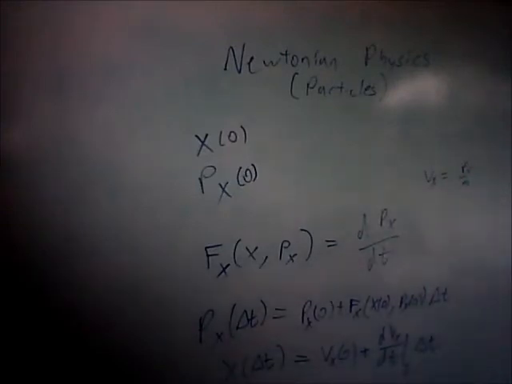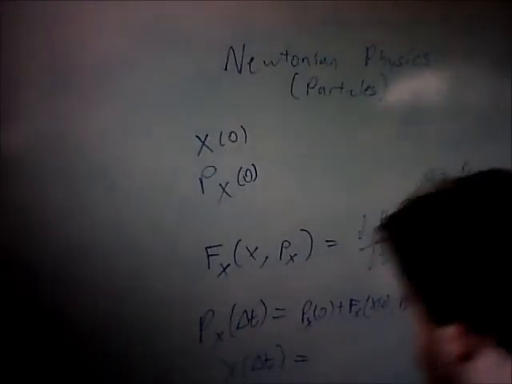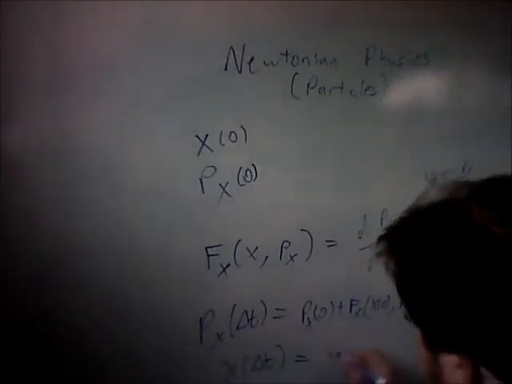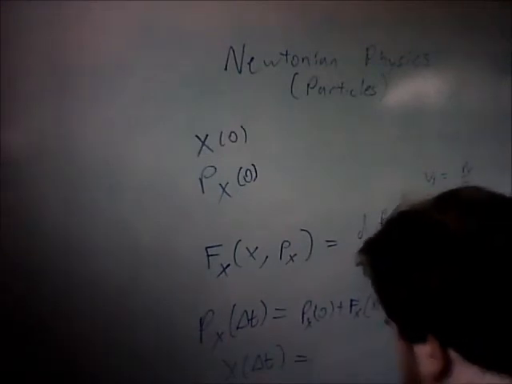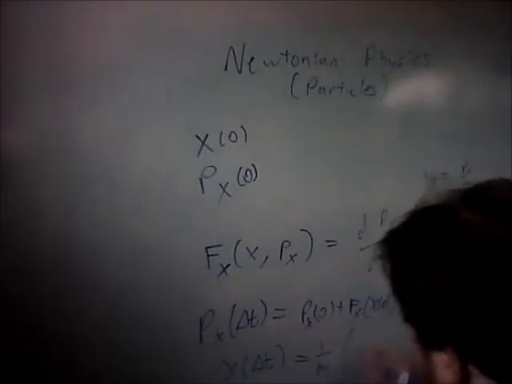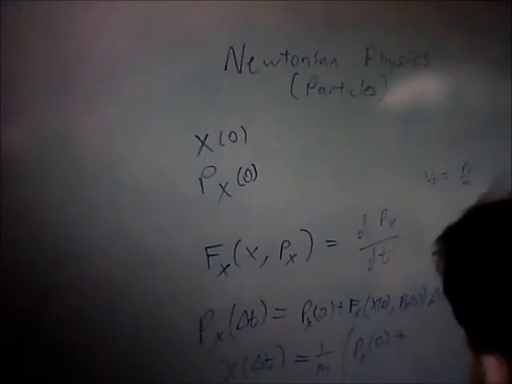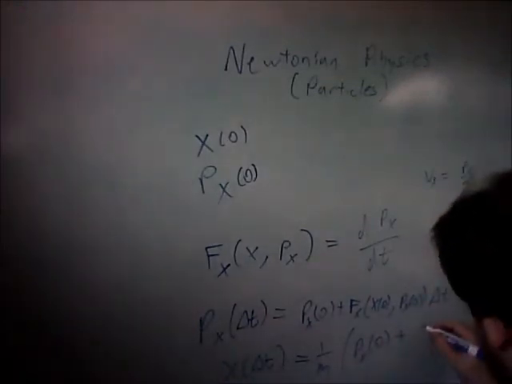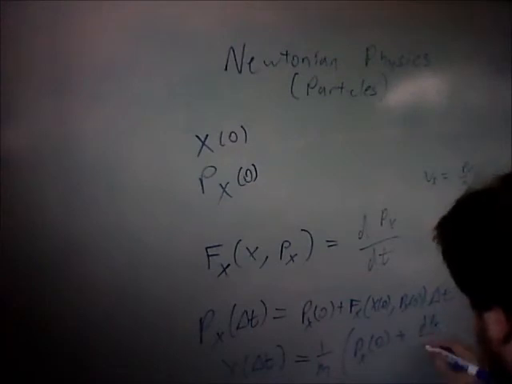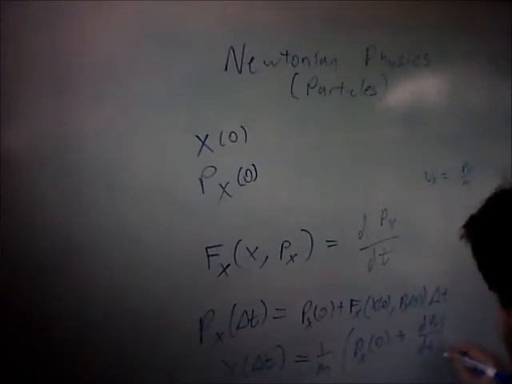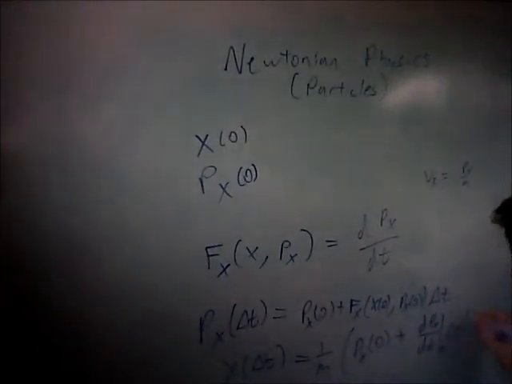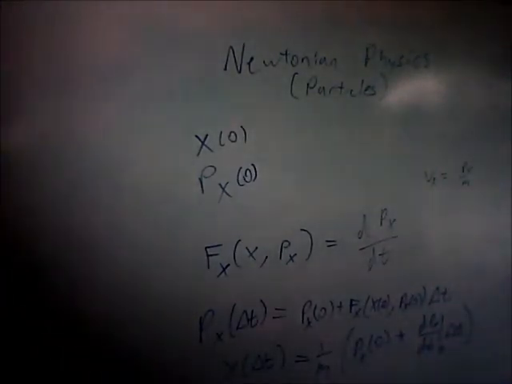So, what this is also equal to is 1 over m times the quantity p sub x at 0 plus dp_x/dt evaluated at 0 times delta t. For sufficiently small delta t, that is an accurate formula.